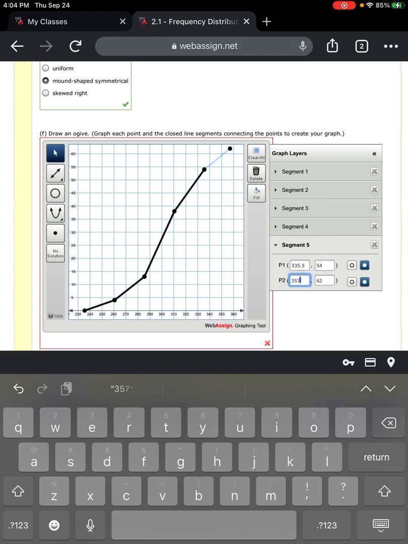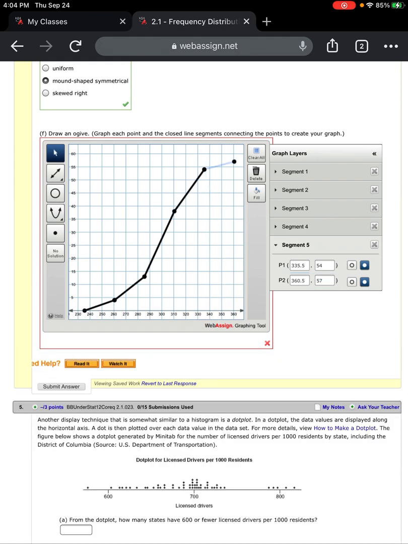And then the ending point is, for the fifth row, 360.5. And our final cumulative frequency was 57. And so that is the long process of drawing an ogive on WebAssign.